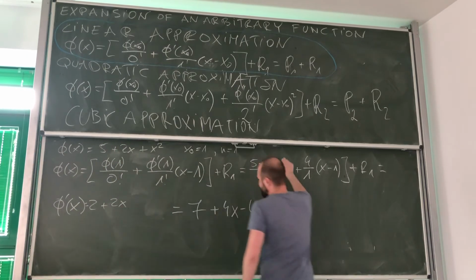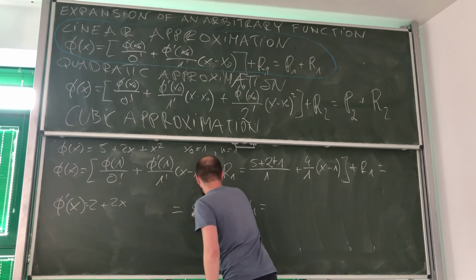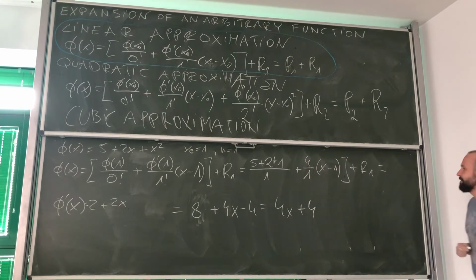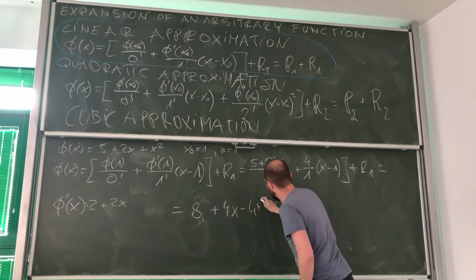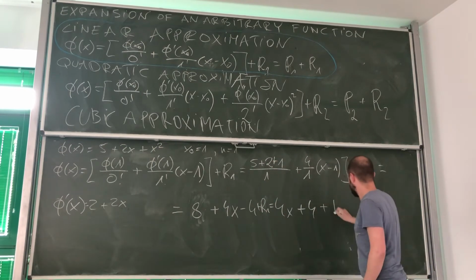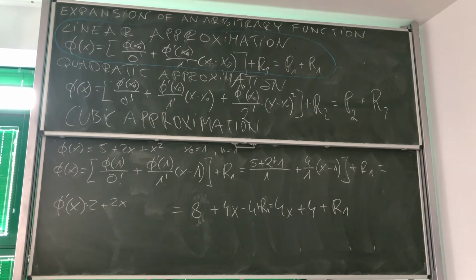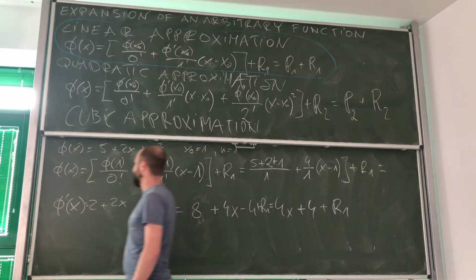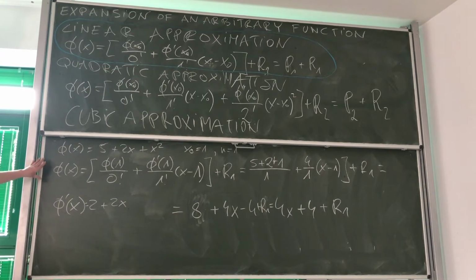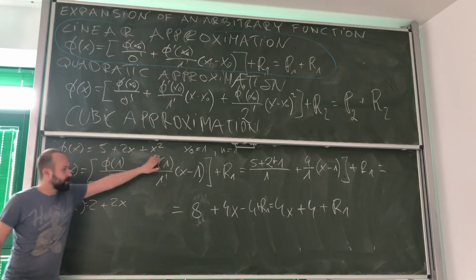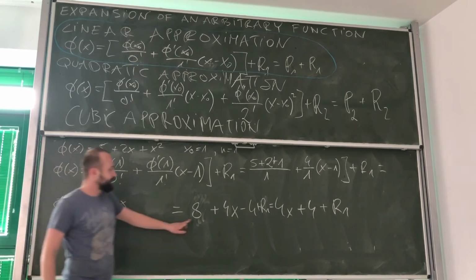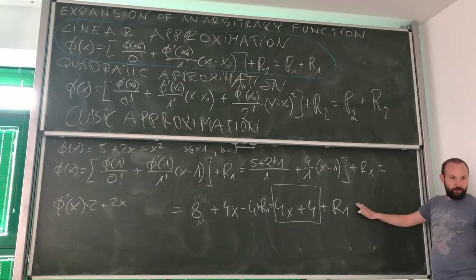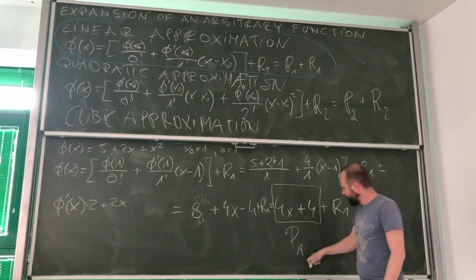Sorry, this is 5 plus 2 plus 1 is 8, and 8 minus 4, so this gives us 4x plus 4, of course, plus remainder. Okay, so we've actually calculated, we see that the linear approximation of this quadratic function is equal to 4x plus 4, and of course a remainder. So this is our P1.